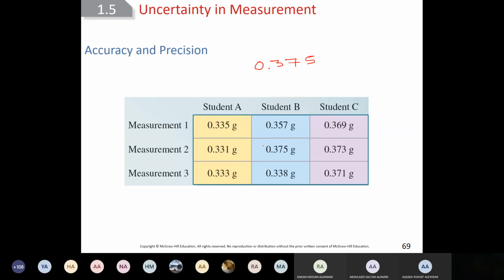Then what is student A? Precise, but not accurate. Yeah. The accurate answer.